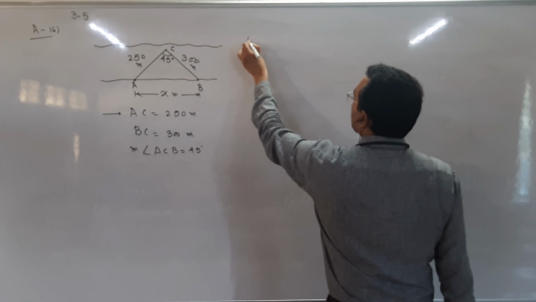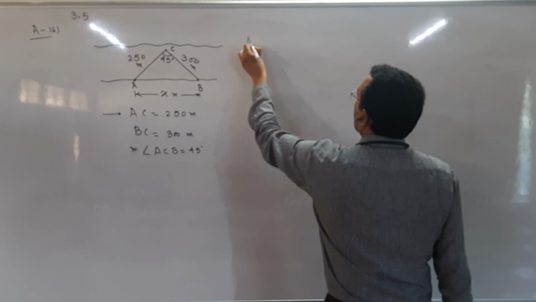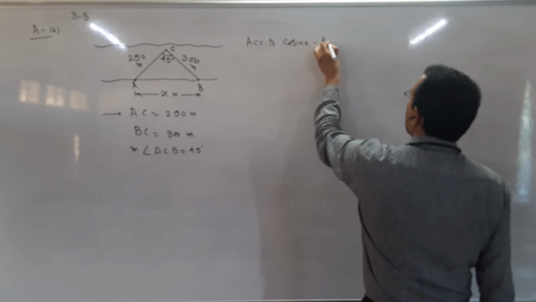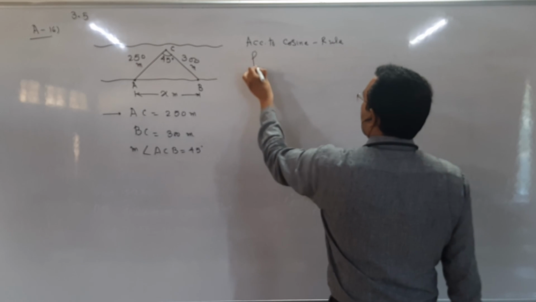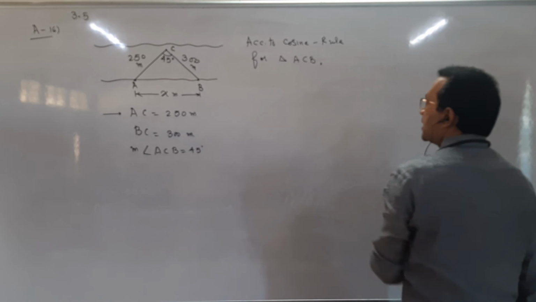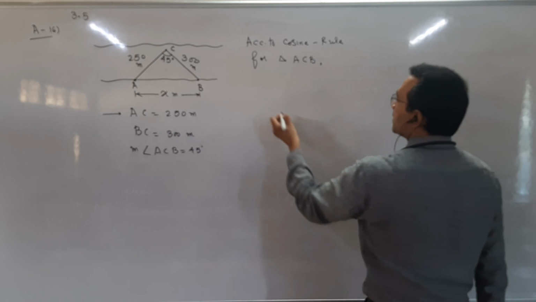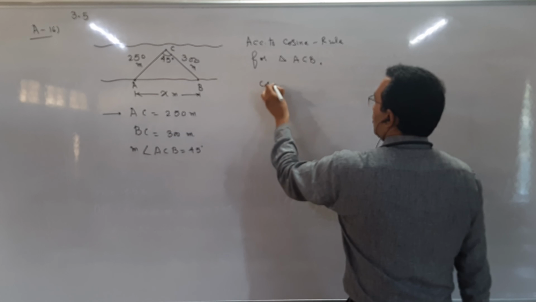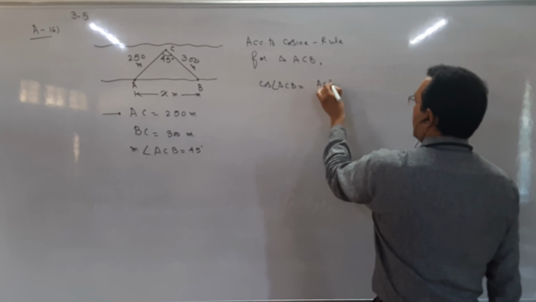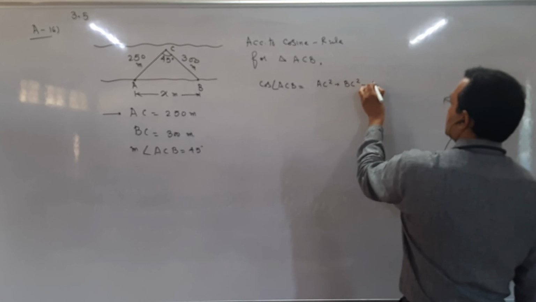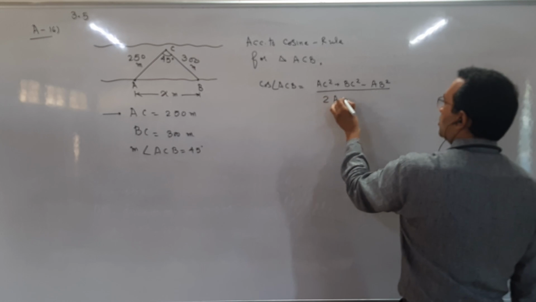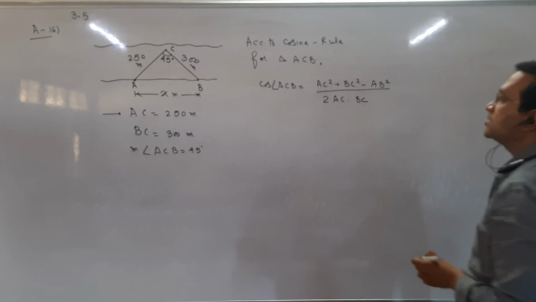So here, according to the cosine rule for triangle ACB, we have cos of angle ACB is equal to the adjacent sides binding the angle, which is AC square plus BC square minus AB square upon 2 AC into BC.